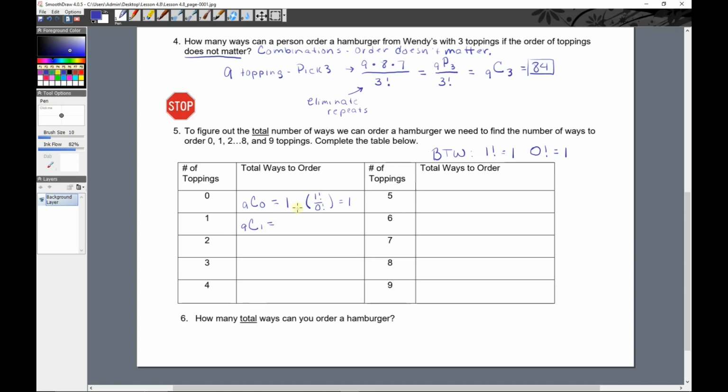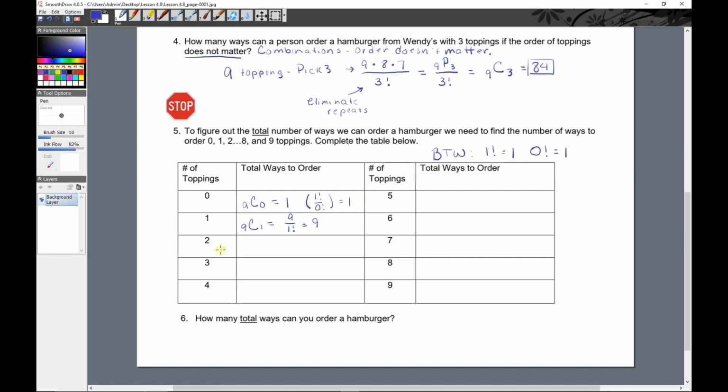All right, so for 1 topping, this will be 9 toppings taken 1 at a time. That's going to equal 9 over 1 factorial. The denominator is going to be the k, the 1 here, the 0 here, and so on. It's just going to be that number as a factorial. Well, this is going to equal 9.